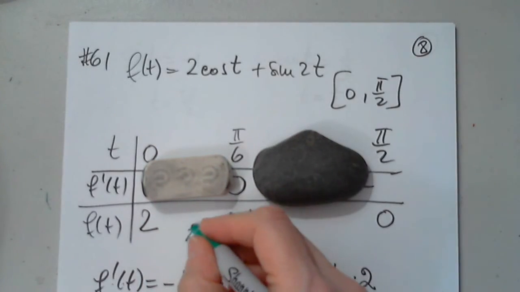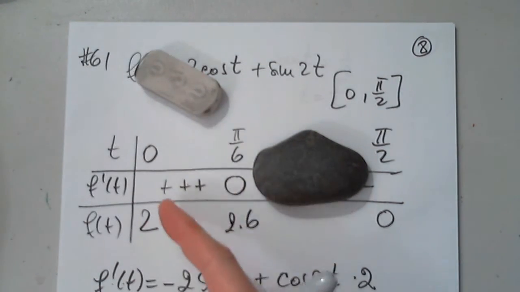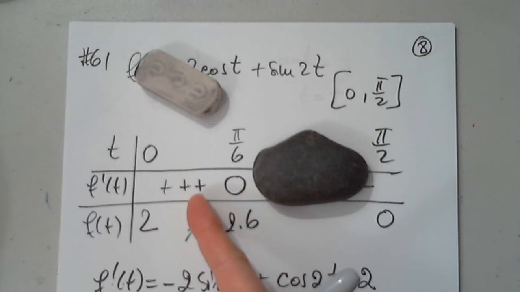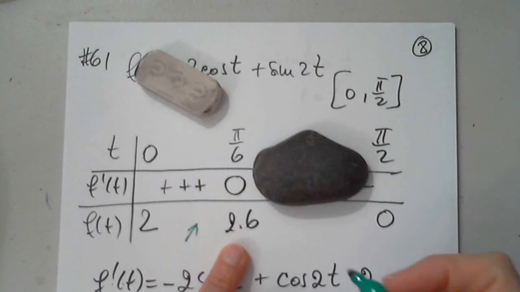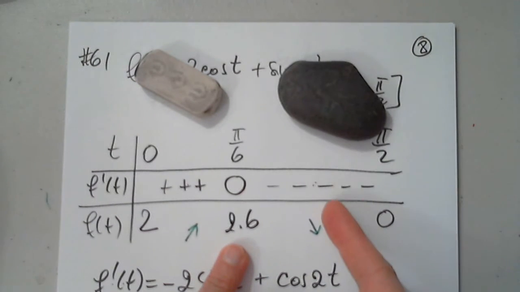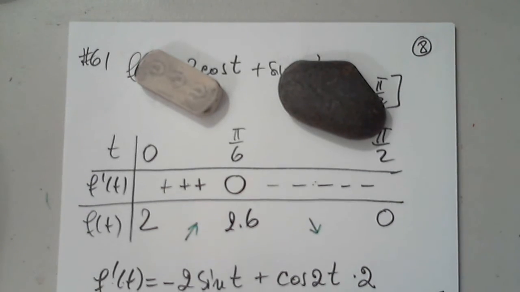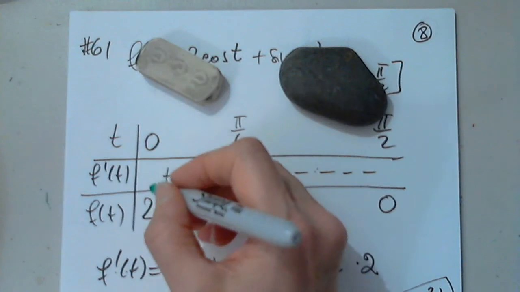Very good. Is that supported by the sign of the derivative? Yep. Perfect. What does the function do from 2.6 to 0? Good. Is that supported by the sign of the derivative? Yes. Perfect. So what type of point is 0, 2?